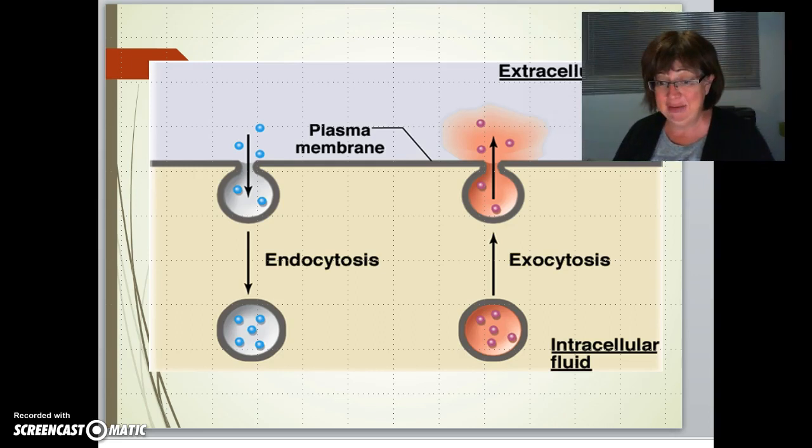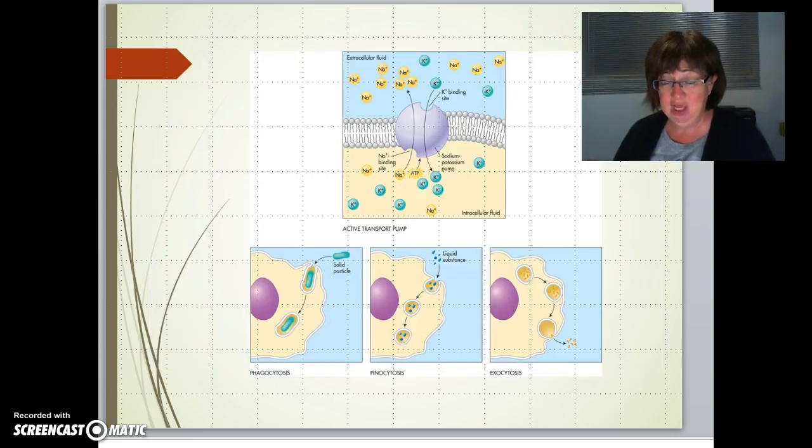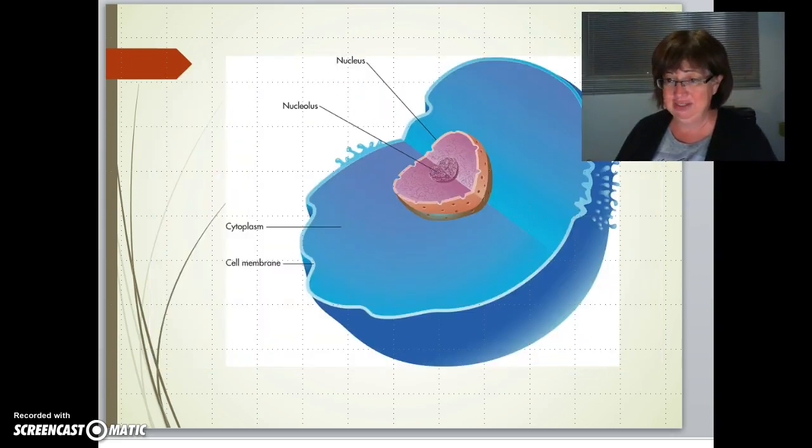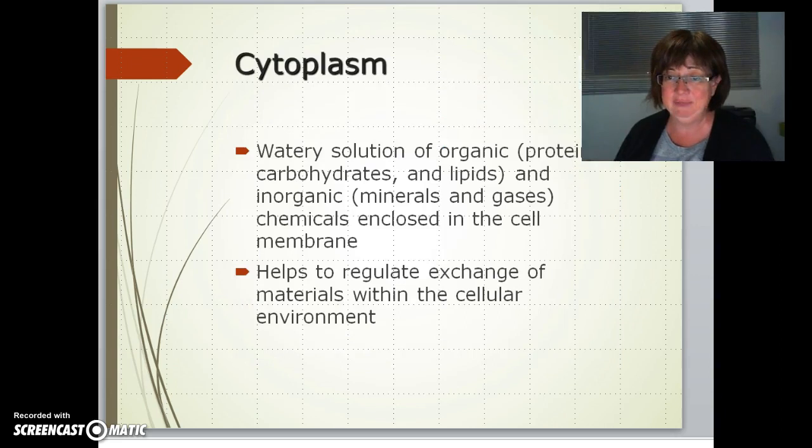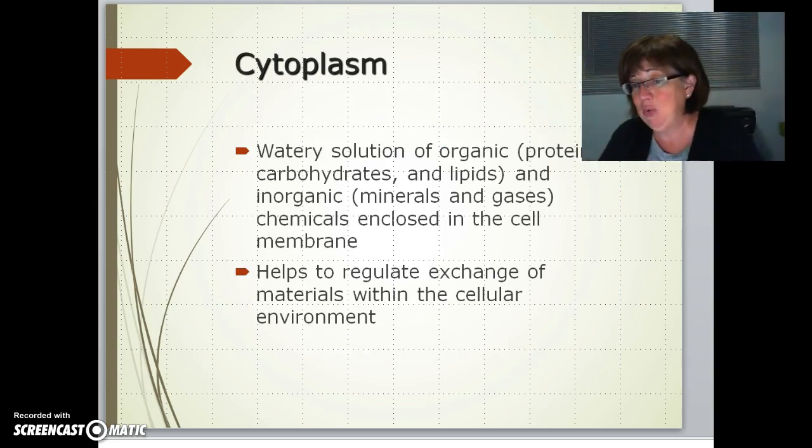So now let's look at parts of the cell. When we look at the cell, we've got the nucleus and the cytoplasm. The cytoplasm is the watery substance around the cell, and it contains the organic solids, proteins, carbohydrates, and lipids, inorganic minerals and gases, and it is there to regulate the cellular exchange within materials.